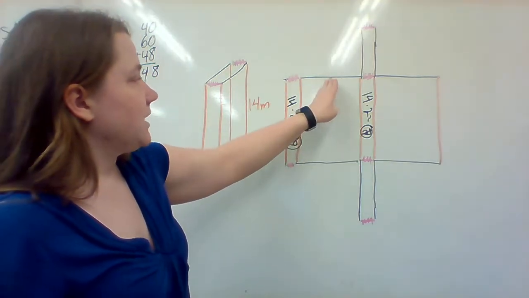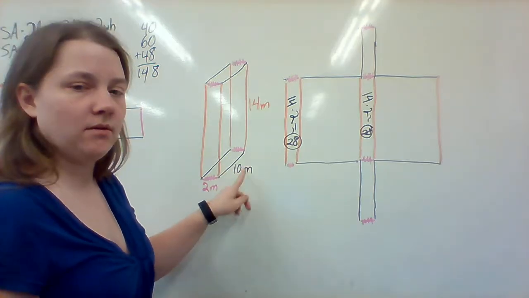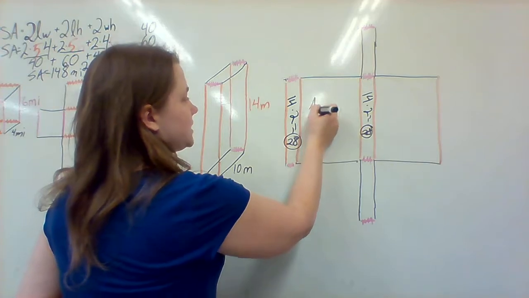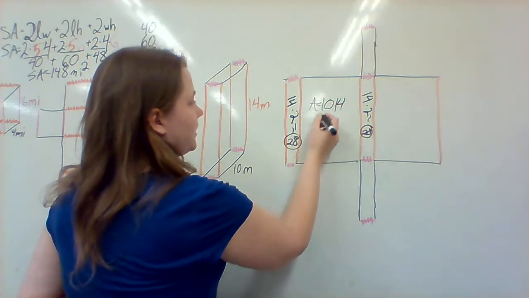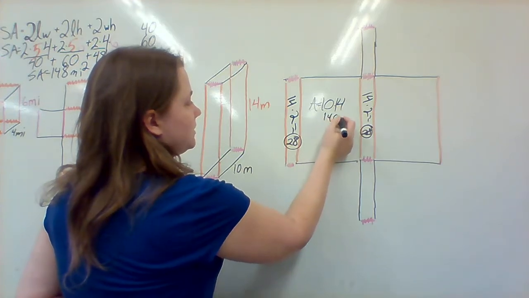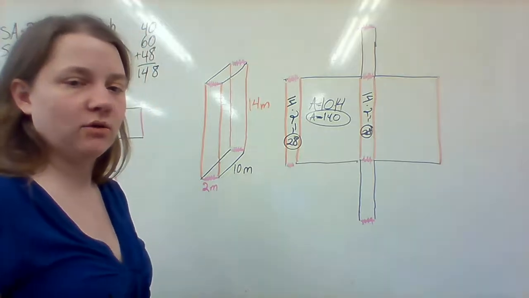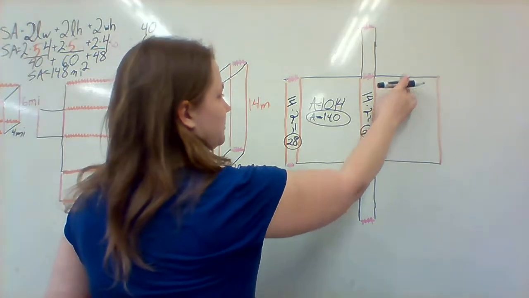With this rectangle, I have a black line and an orange line. The black line is 10, the orange line is 14. So the area of this is going to be 10 times 14. And 10 times 14 is 140. So this area is going to be 140. Same thing over here, it's black line, orange line.